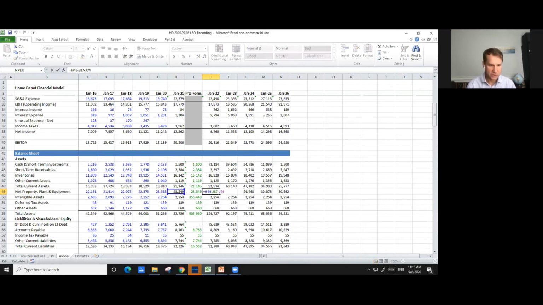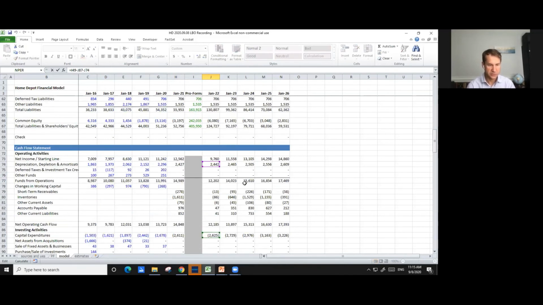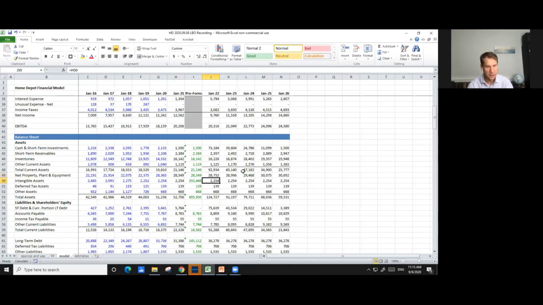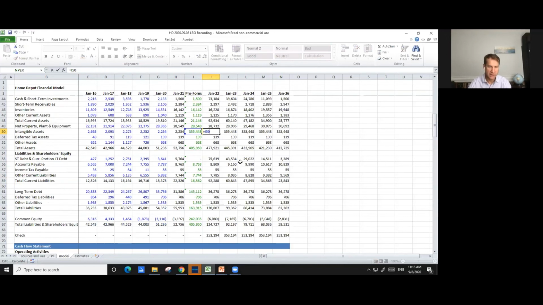So what I'll do, I will shift the formula from January 21st to pro forma, and then it still adds depreciation, subtracts depreciation, adds capex. Intangible assets, same way. It will be fairly manual here, so I'll just shift the formulas from old balance sheet to new pro forma balance sheet. Right, so this needs to be shifted.